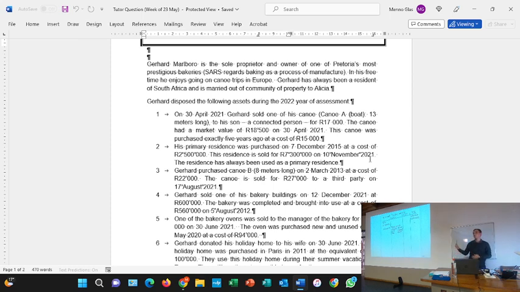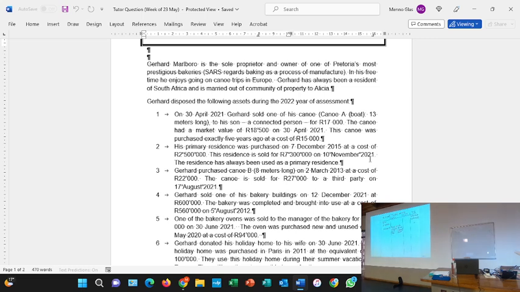But what is the capital gains on Canoe A, if any? Capital gains is your proceeds reduced with your recoupment less your tax value. So using that formula, what's your capital gain on Canoe A, if you have any capital gain? Yes.